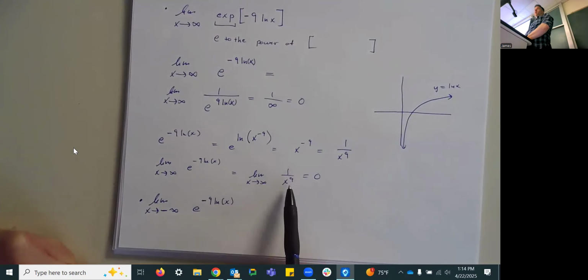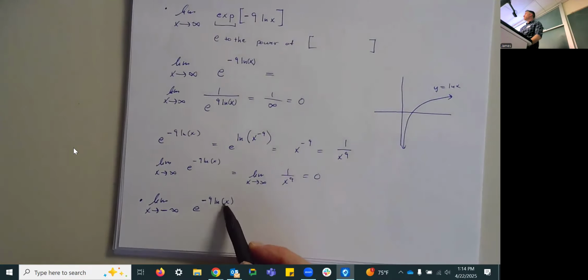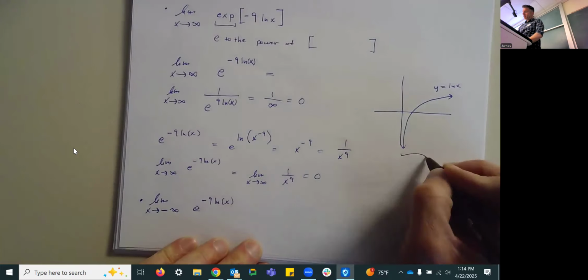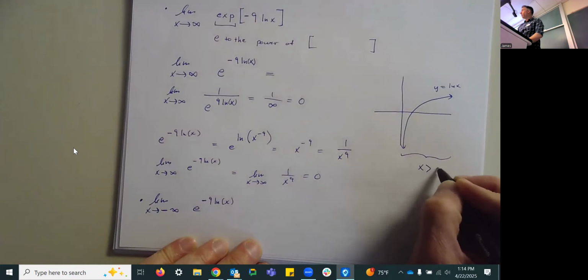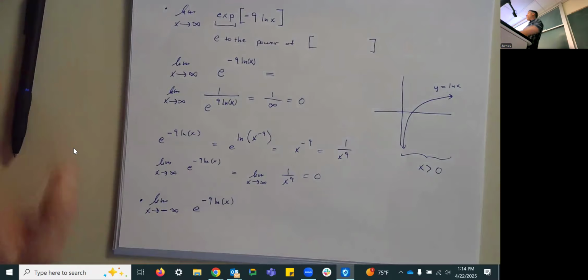And 1 divided by that would be 0. But there's a problem. The problem is the natural log function is only defined when your inputs are positive. So you can't even begin to think about the limit as x goes to negative infinity, because the natural log of -1 doesn't even exist, let alone the natural log of negative really big numbers. So the problem here is that you have to look at the original version. If the original version has a domain issue, that's the end of the story.